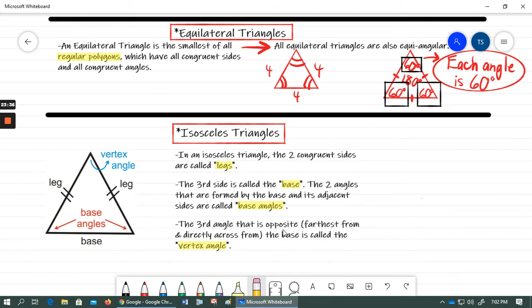So the third angle, the one that's not the two base angles in an isosceles triangle, is opposite of the base. And when I say opposite of the base, I mean that third angle that is the farthest from, or directly across from, the base of this isosceles triangle. So you see the position of the base.